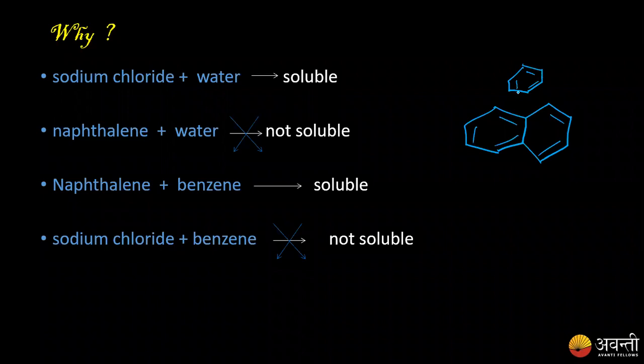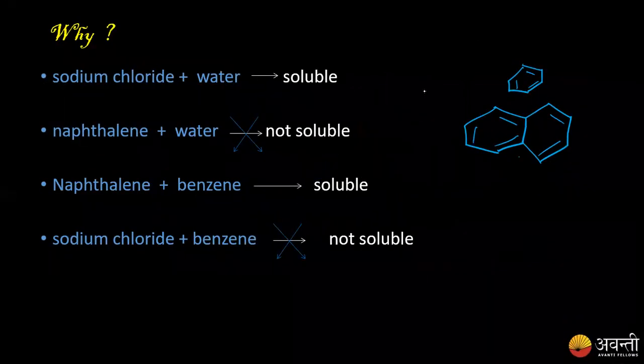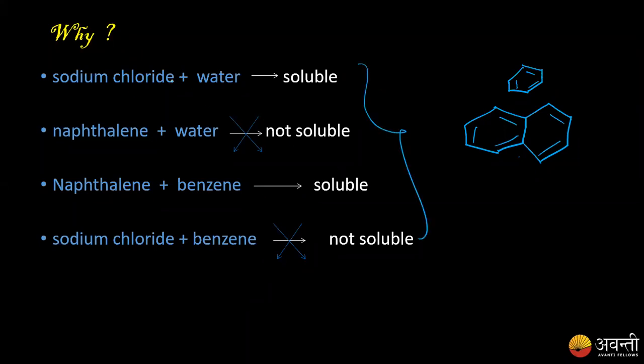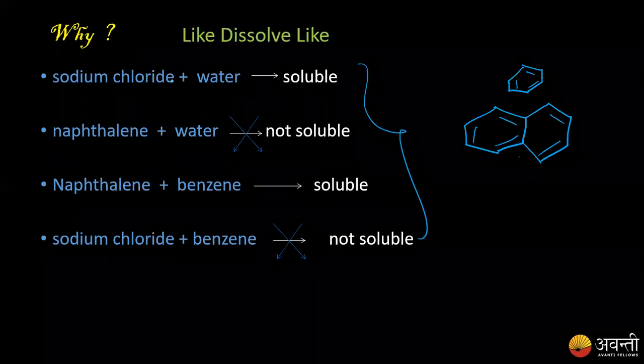That means two non-polars can also be soluble in each other. And then sodium chloride is polar and benzene is non-polar, so polar is not soluble in non-polar. From these four, we can derive a conclusion that if both molecules exhibit similar properties, then they will be soluble in each other. It's like dissolves like.